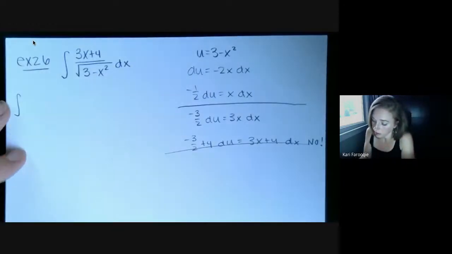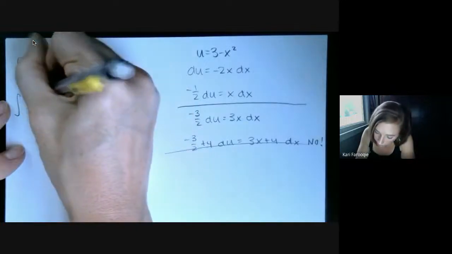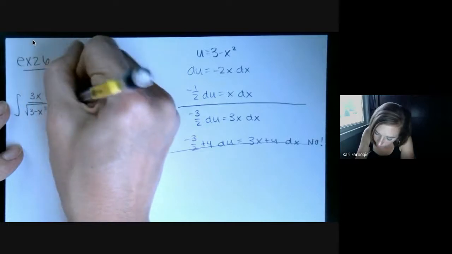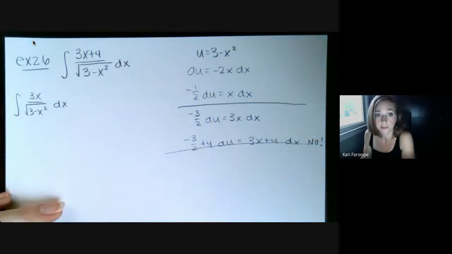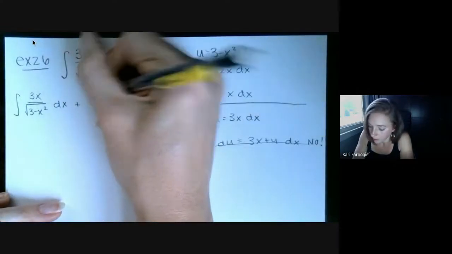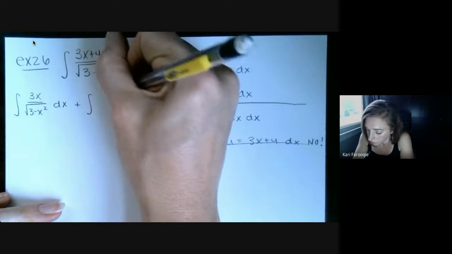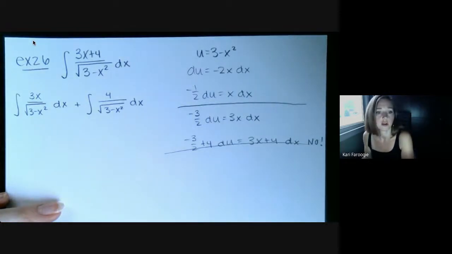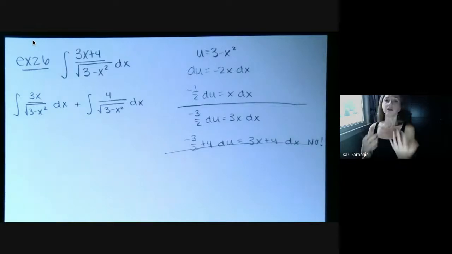What you're dealing with here is a situation where you have 3x divided by the square root of 3 minus x squared dx plus, and it's up to you if you want the 4 in the numerator, I'm just going to leave it there for now so it's very, very clear where everything came from, 4 divided by, again, the square root of 3 minus x squared dx. So it's just that same concept of splitting up the fraction and keeping the denominator on each term.